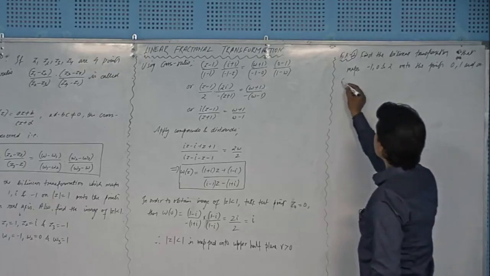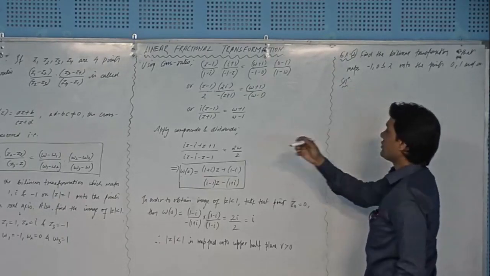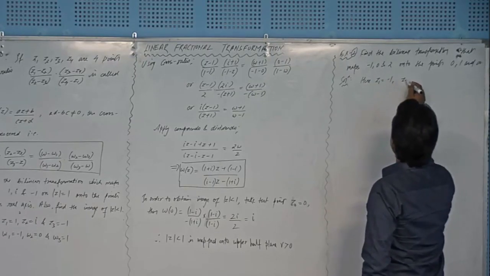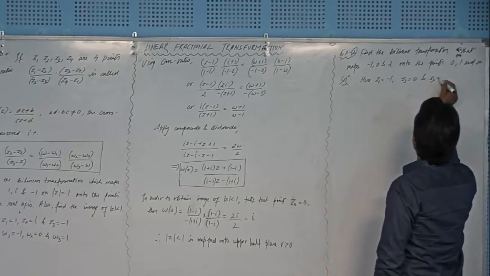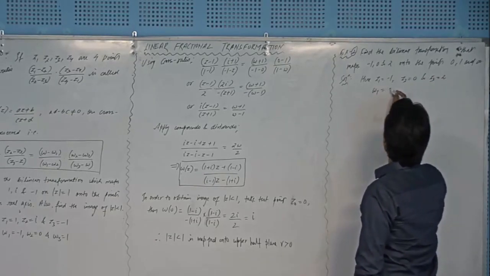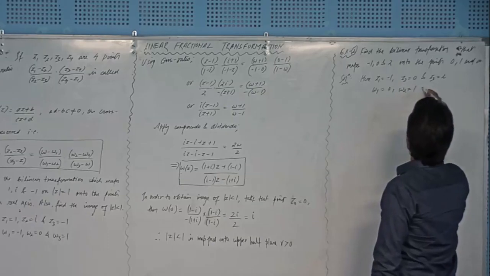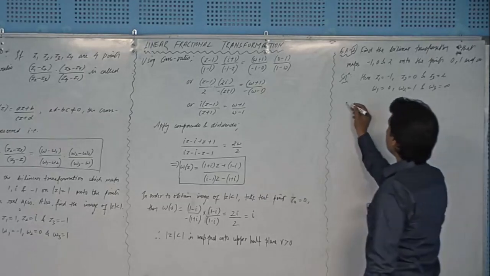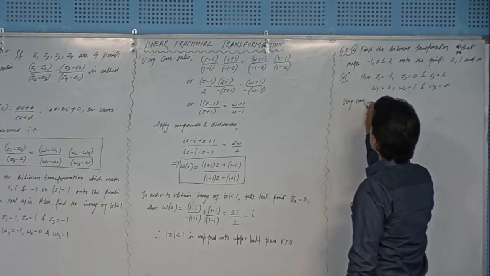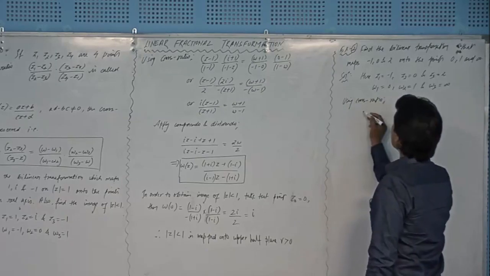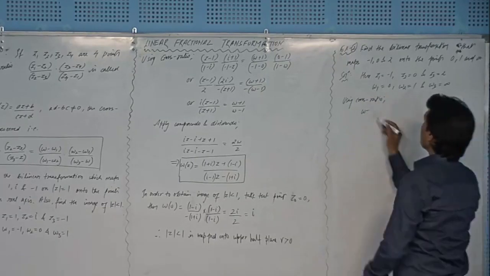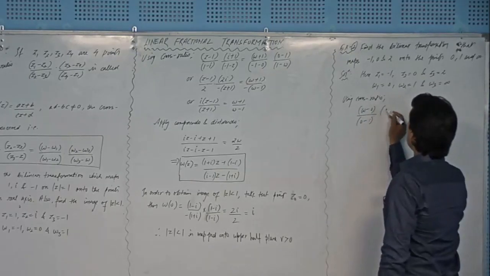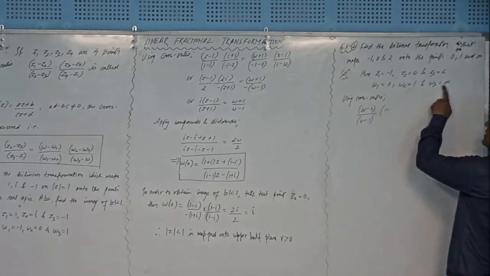Okay, so solution, again using the same procedure. Here z1 is -1, z2 is 0 and z3 is 2, and similarly w1 is equal to 0, w2 equal to 1 and w3 equal to infinity, right? And then applying that cross ratio, w minus w1, that is 0, w1 minus w2, that is 0 minus 1, w2 minus w3, and see that w3 is equal to infinity.